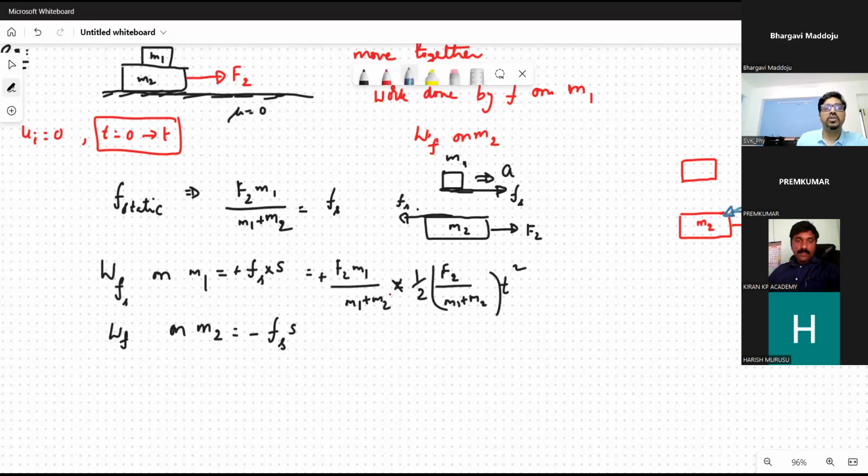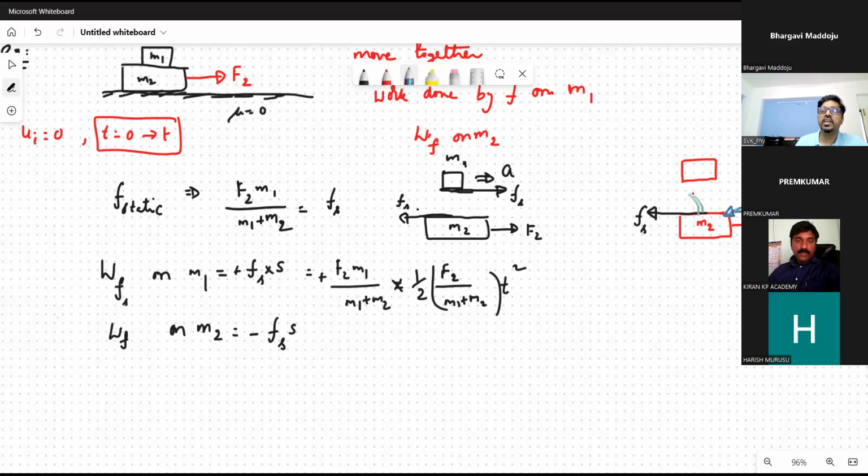But on M2, if you look at the friction, the static friction will be doing negative work. Whenever it is doing negative work, it is going to extract energy from the block.